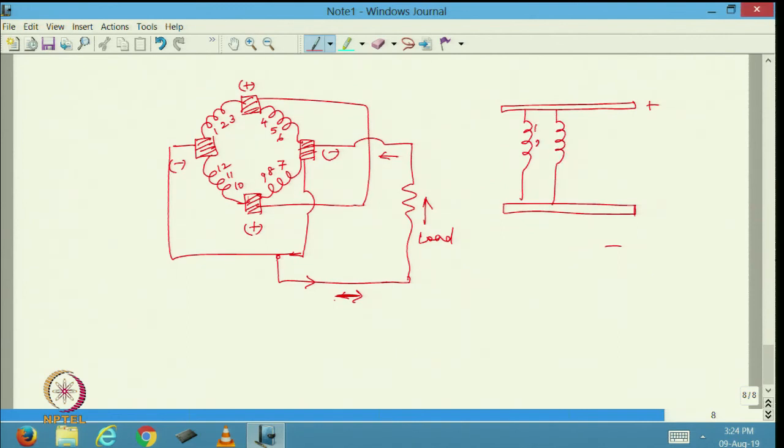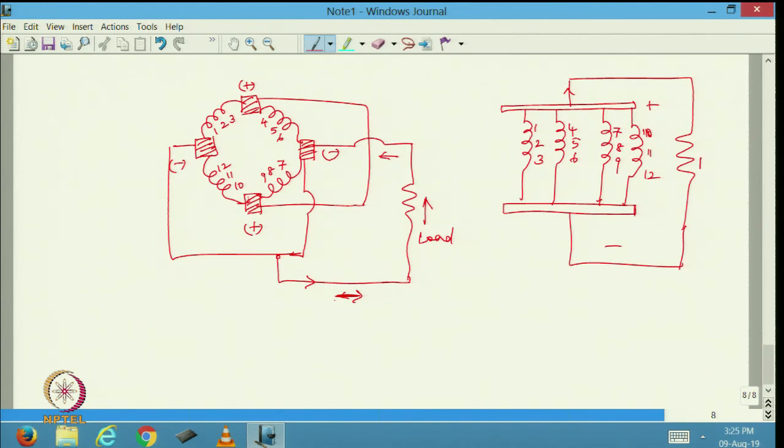So, I can say 1, 2, 3, 4, 5, 6, then 7, 8, 9 and 10, 11, 12. It is all connected together. Now, from here the current is going to emanate and I am going to have the resistance connected like this. This is the load, right.